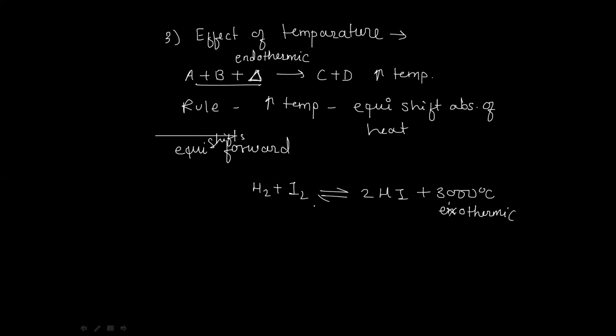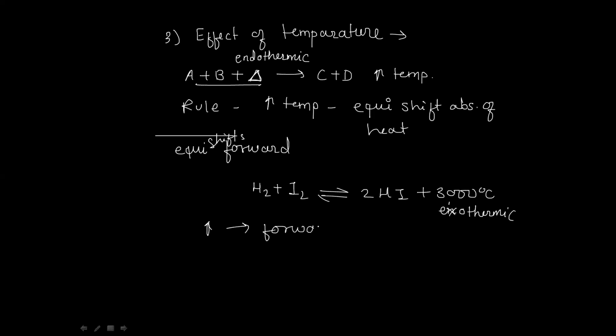The main motto of Le Chatelier's principle is to change the equilibrium by changing temperature, pressure and concentration. If you increase the concentration of the reactant, the equilibrium shifts forward.